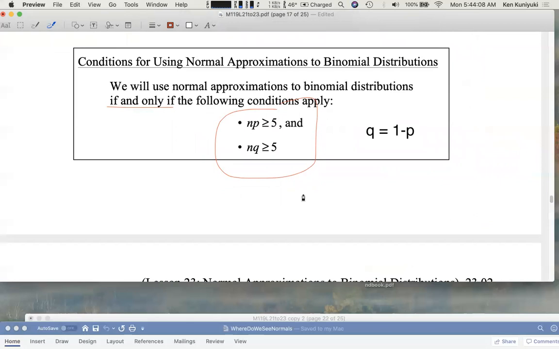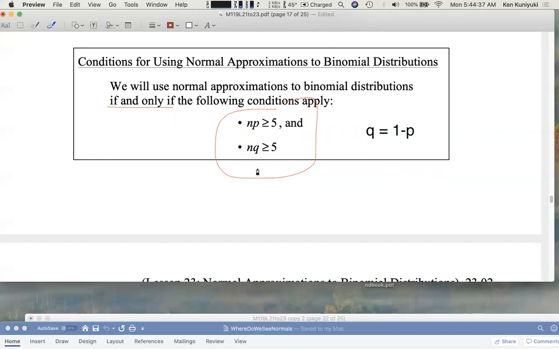Here's the idea. When are we more likely to be able to use a normal approximation to a binomial? If n is big, and if p and q are not close to 0. Again, when are normal approximations appropriate? The larger n is, and the further away both p and q are from 0.